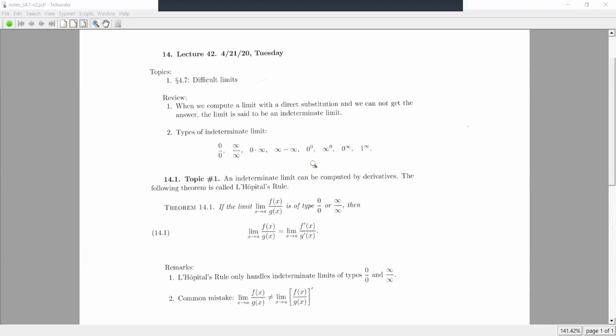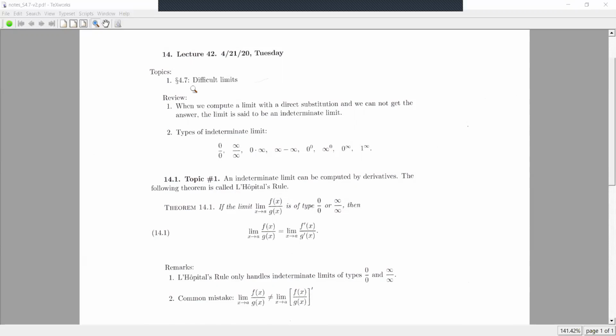But 0 to the 0, we don't know what that is, okay? And also infinity to the 0, 0 to the infinity, 1 to the infinity, we cannot tell what they are. In total, there are so many types of indeterminate limits.